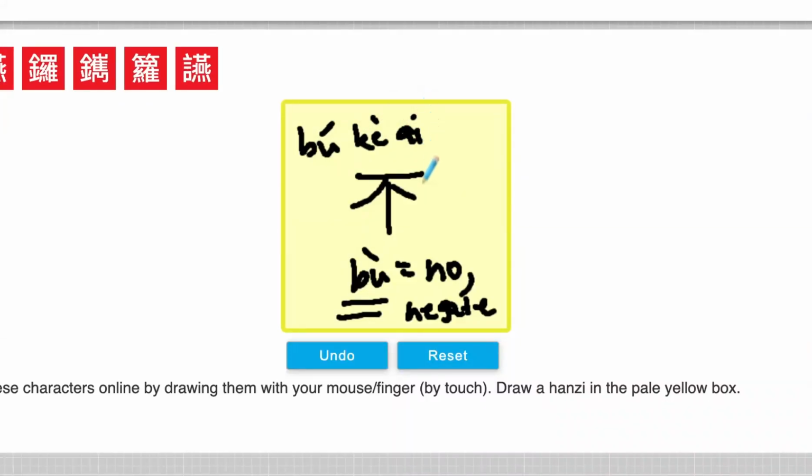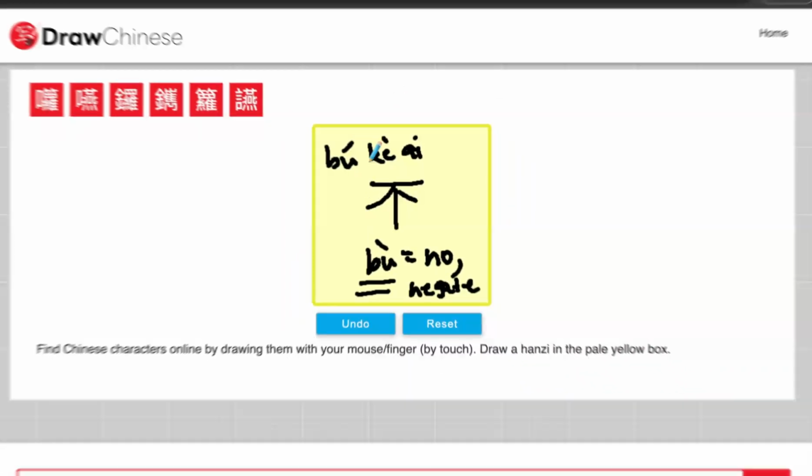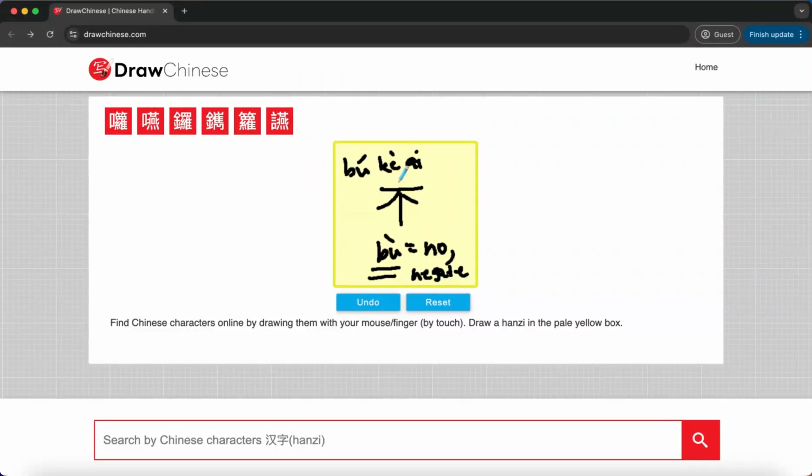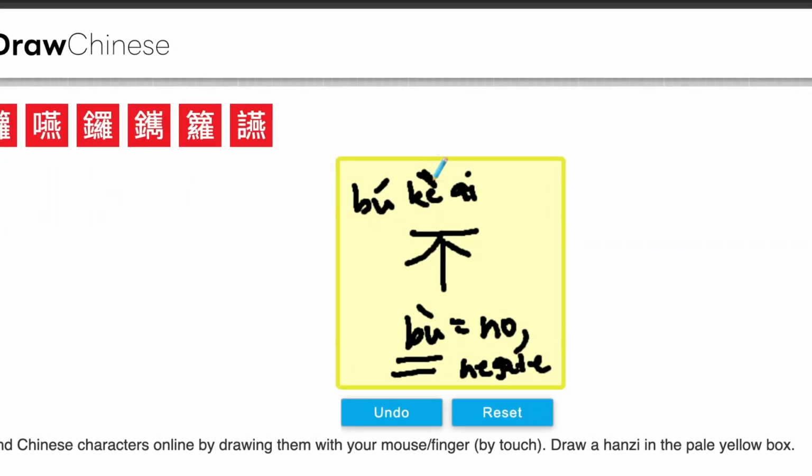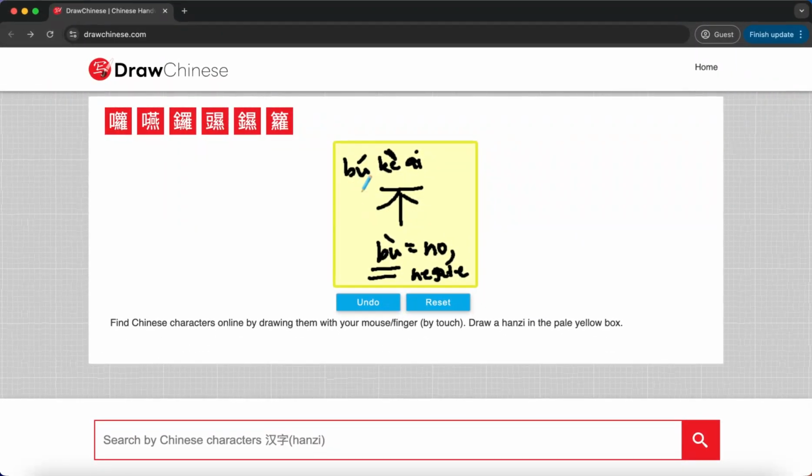This is a bit advanced maybe for HSK1, but something for you to remember is, especially for the character 不, if the next character is 4th tone, which is falling tone, then the 不 becomes 2nd tone, which is rising.